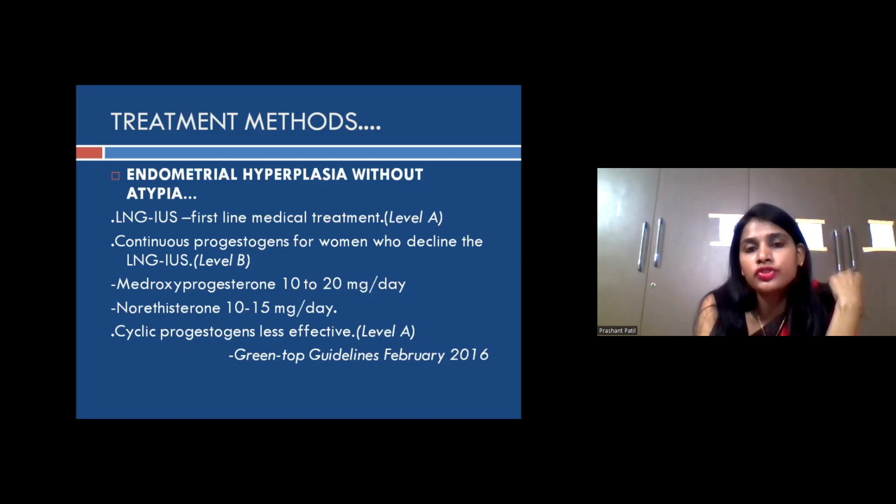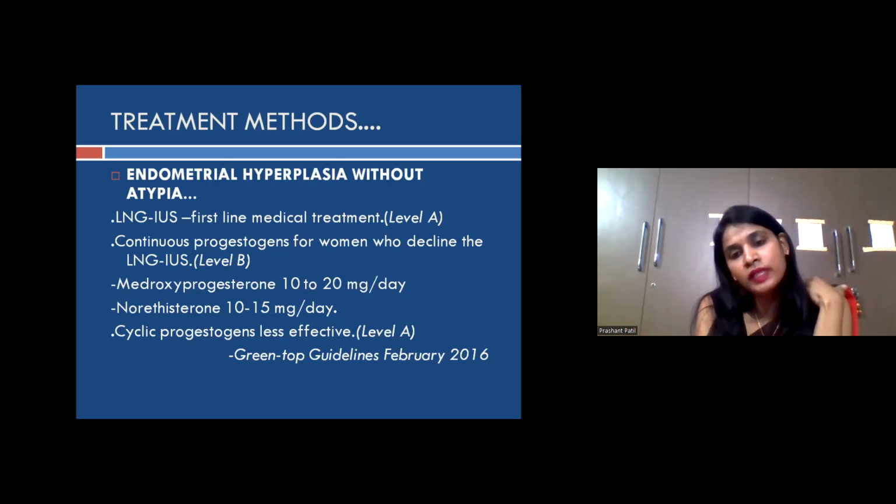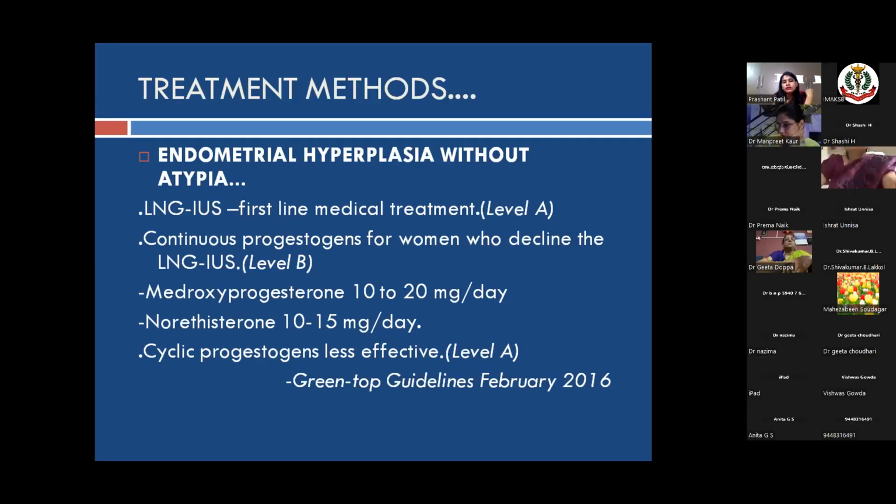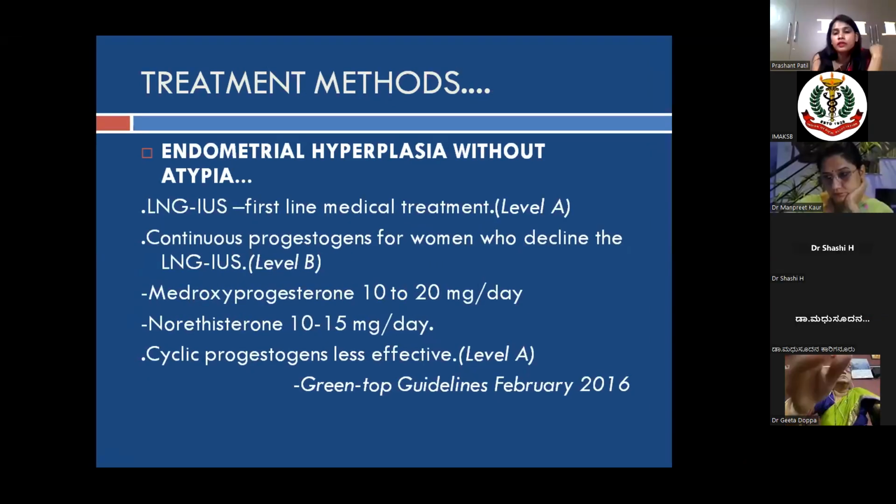Continuous progesterones will always be better than cyclical progesterones, because cyclical progesterones are known to be much less effective in disease regression. Continuous progesterones will be medroxyprogesterone acetate 10 to 20 mg per day, or norethisterone 10 to 15 mg per day.